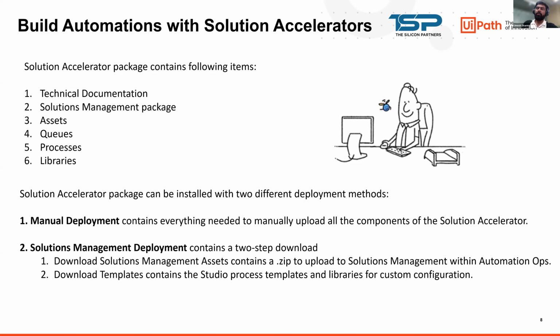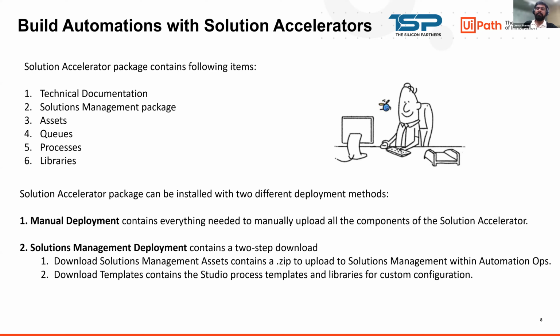So like I said, there are two different ways to implement or install a solution accelerator in Orchestrator. The first one is the manual deployment, where we have all the components available with us. We can download it from the marketplace, and then we can manually upload all these components to UiPath Orchestrator.